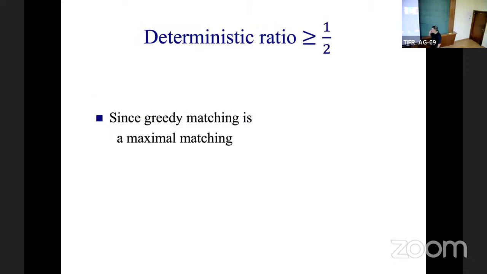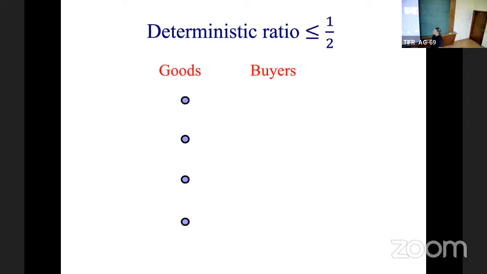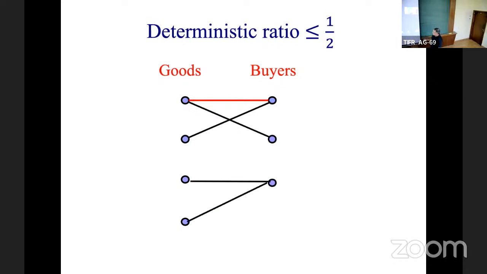And it's very easy to see that the ratio will be at least half, because we are definitely going to match a vertex if it can be matched. So it's a greedy matching, and greedy is at least half the maximum matching. So we will get a ratio of at least a half, and the adversary can force us into a half by doing this. He gives us these two edges, and if we match up there, the next vertex comes like that. If we match down there, the next vertex comes like that, and we always get 1 for 2.